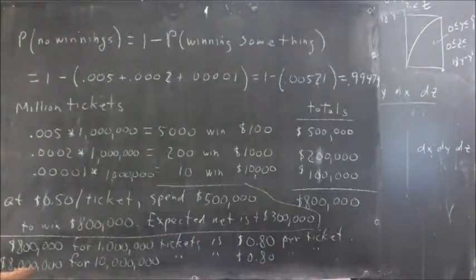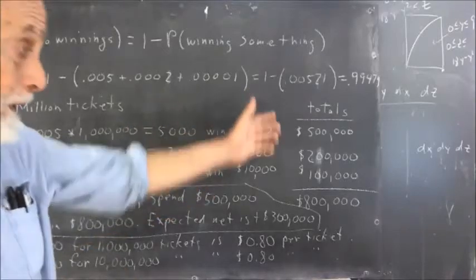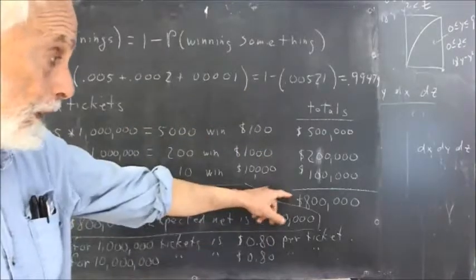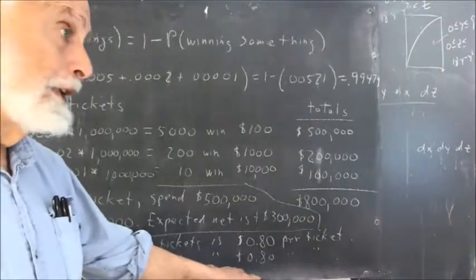Okay? And if you bought 10,000,000 tickets, you would expect to win $8 million. We could do this analysis multiplying by 10 million each time, and every number would become 10 times as great, and we would end up with a total that's 10 times as great. And that still comes out to 80 cents per ticket.